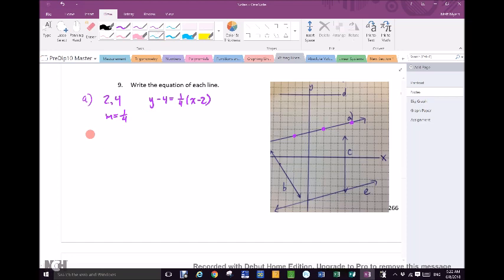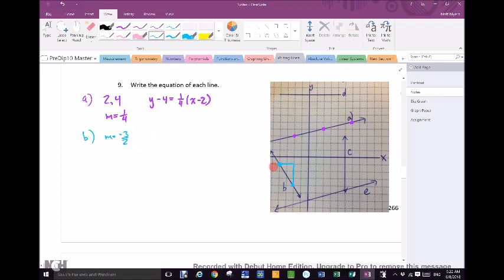Okay, what would you use for B, which is this guy right here? As he waited patiently. Point slope again. There's a point. There's a point. The slope is negative 3/2.